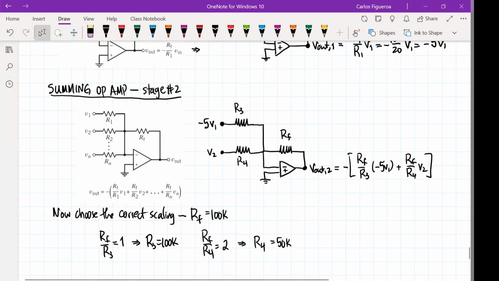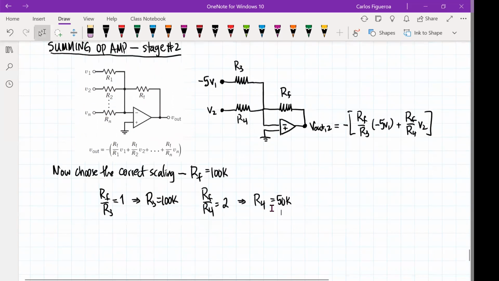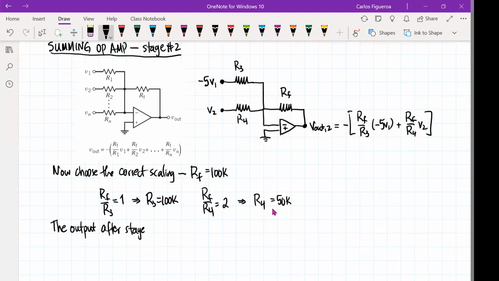So if I put that all together, you can then see that the output after stage number 2 is going to be what? I'm going to have V out.